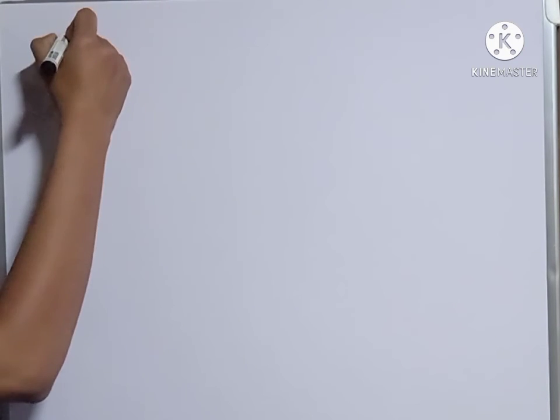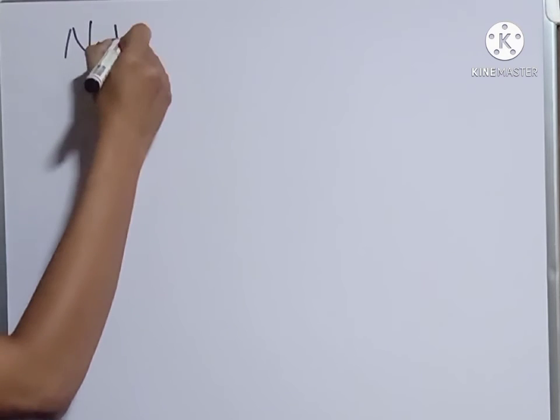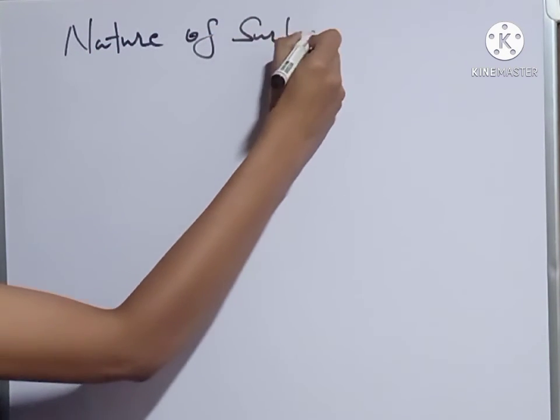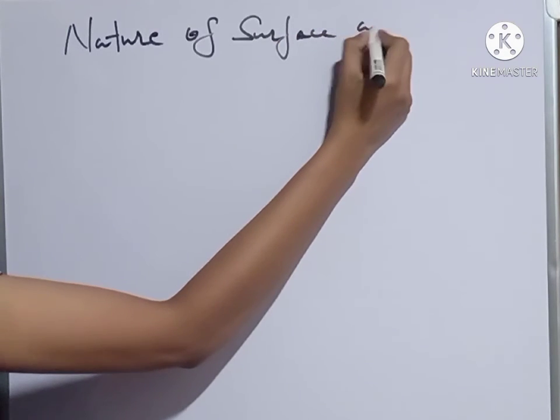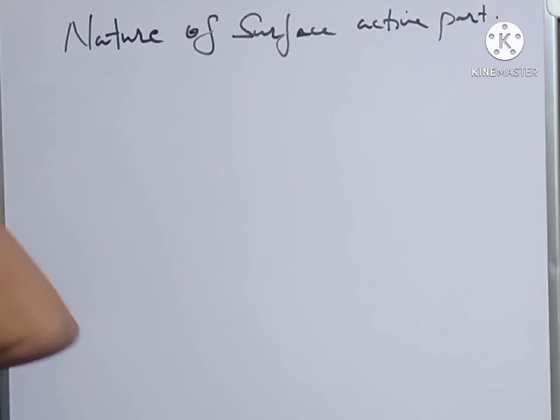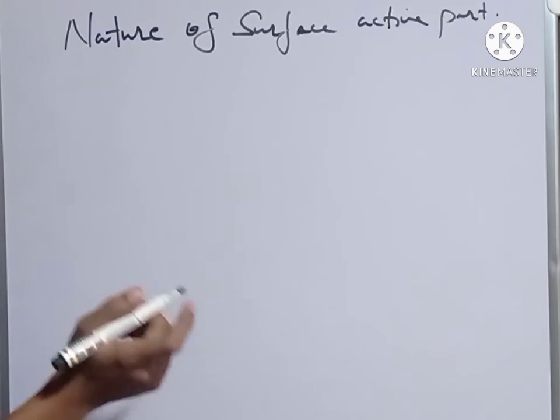Then the next classification is based on the nature of the surface active part. Based on the nature of the surface active part, these are classified into three.